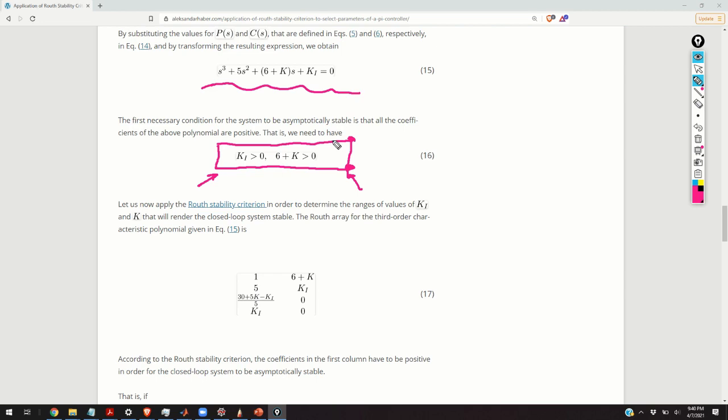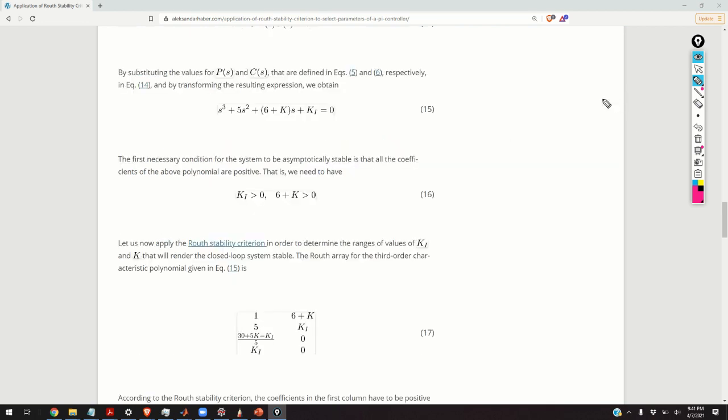And that stronger condition is given by the Routh stability criterion. So let us apply the Routh stability criterion. For brevity, I'm not going to explain the background of the Routh stability criterion, I'm just going to apply it. The first row of the Routh array is given over here. How did we find this row?